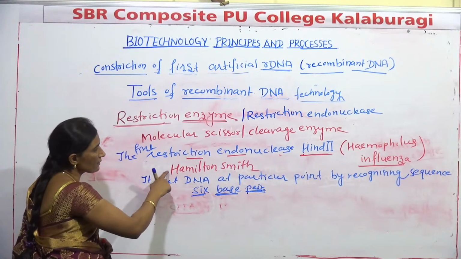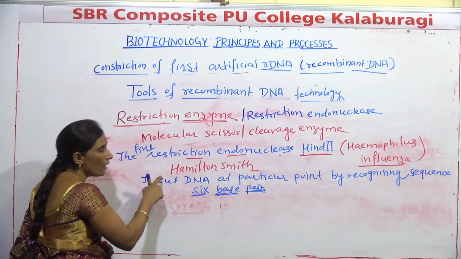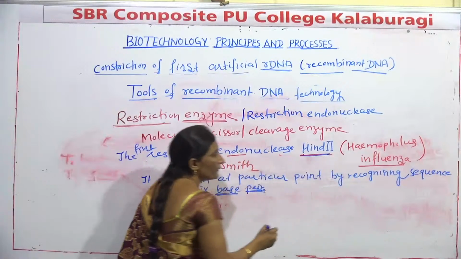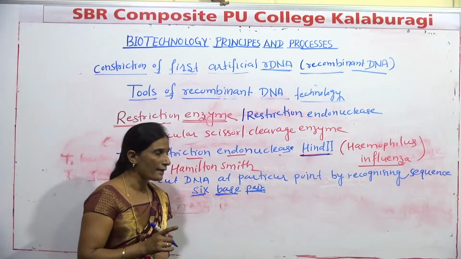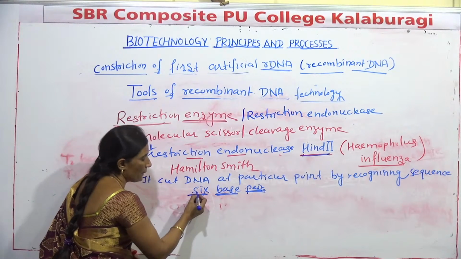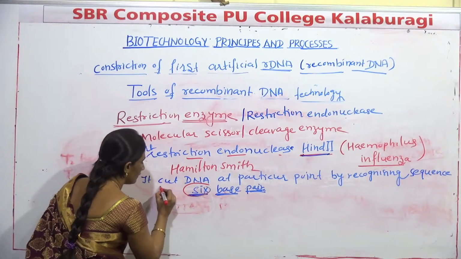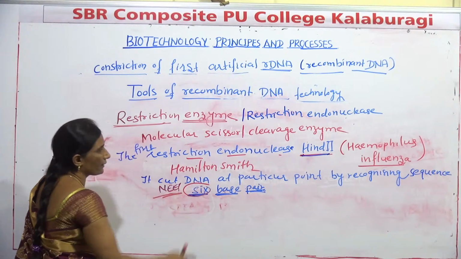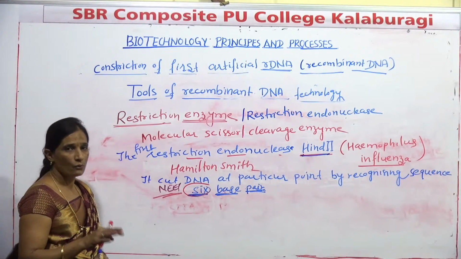So the first restriction endonuclease is HindII, and this restriction enzyme cuts the DNA at a particular point by recognizing a sequence of how many base pairs? 6. Remember, it is a very, very important point for the NEET. So recognizing a sequence of 6 base pairs, not 5, not 3, not 1.